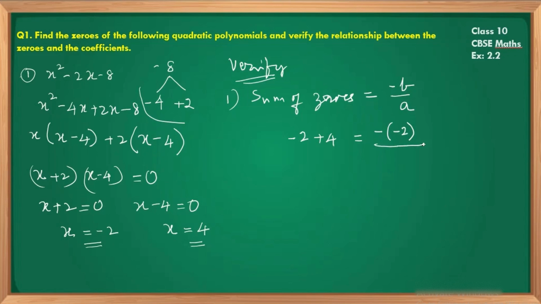Now divided by a. a is the coefficient of x squared, which is 1. The next step is simplify this, you get 2. And here RHS, minus into minus gives you plus 2 divided by 1. Further is 2 equals 2. This is one verification. LHS is equal to RHS. We verified that. And the next part of this question we do in the next page.